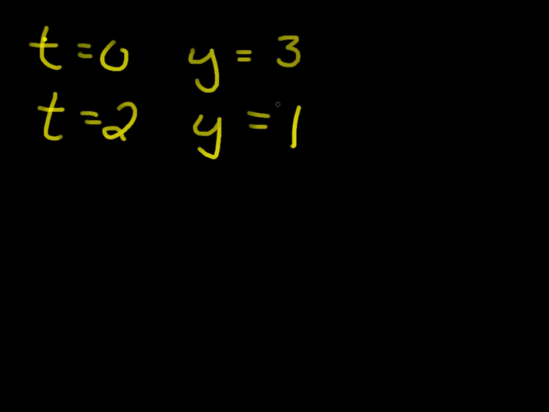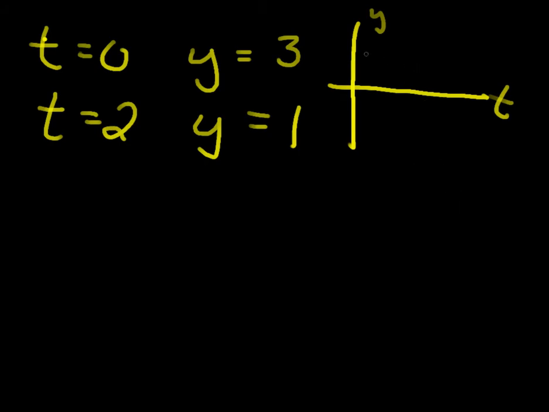So this gives us the rate of change, the slope, because when time is 0, we know its y position, and when time is 2, we know its y position. Again, we can map that on a graph. Instead of this being the x-axis, this is the t-axis, and this is the y-axis.